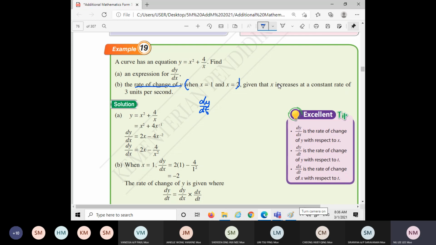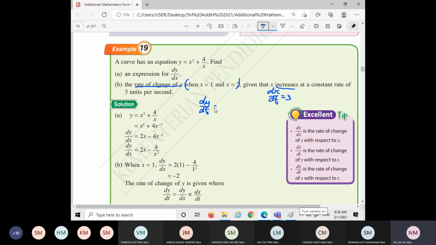Given that x increases, increase means positive, at a constant rate of 3 units per second, means dx/dt is positive 3. So you see, all these sentences bring the meaning. If you can't analyze, there's no way for you to start.